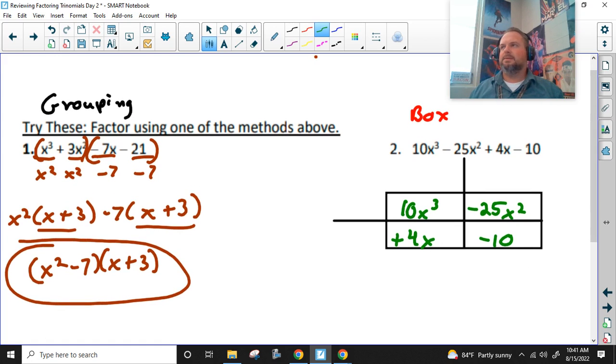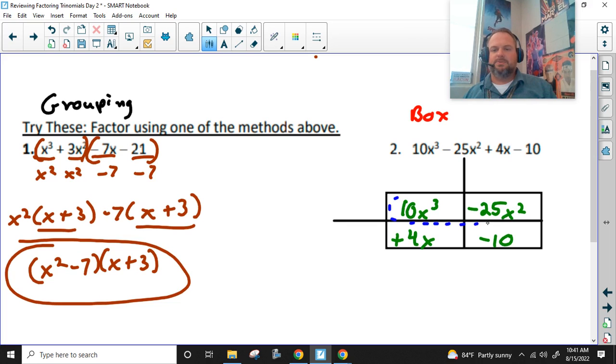Okay. Step 1, put the terms in the box. All right. Now we look at the rows. Okay, I'm looking right across.